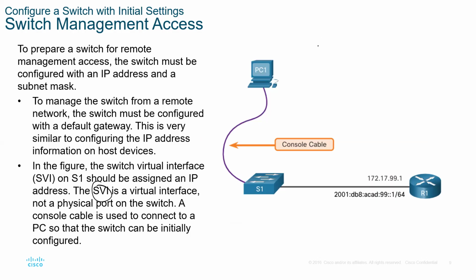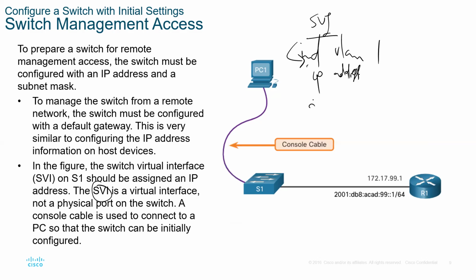So from CCNA 1, you could remember the command interface VLAN 1, then IP address. This is where we were creating our switch virtual interface. This command created our switch virtual interface. After that, the IP address.